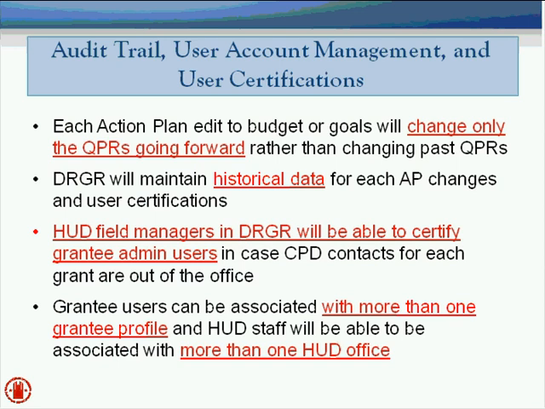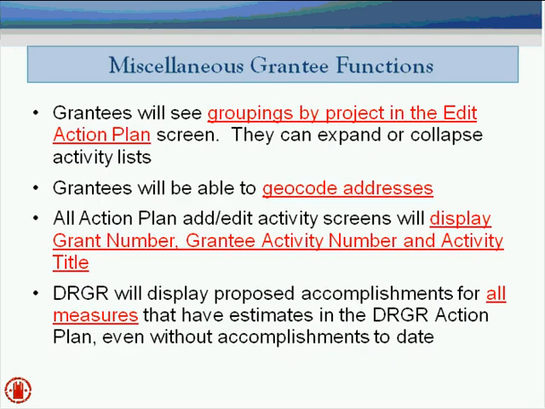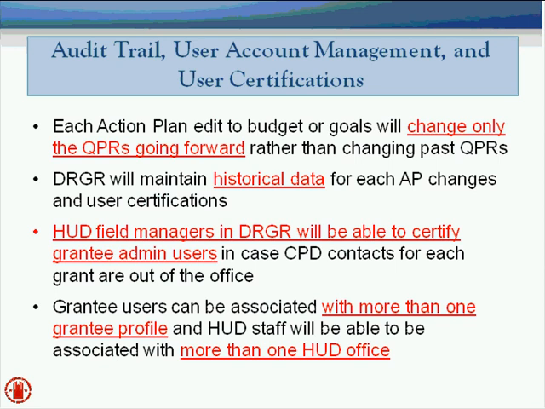Finally, one of the bigger changes, this is something that IDIS has had for a while. Grantee users can now be associated with more than one grantee profile. We have a few instances where we've got states that have different agencies, and we've set up multiple grantee profiles. Another example is a state that might want an entitlement community staff person within the state to have a user account.